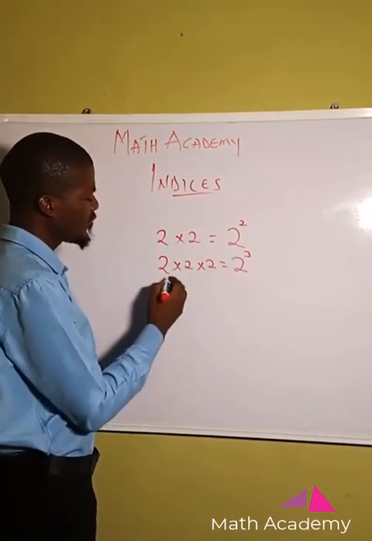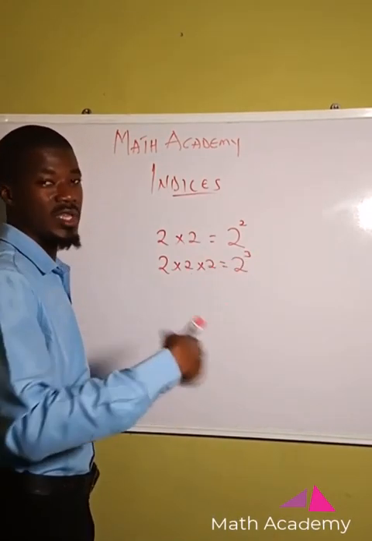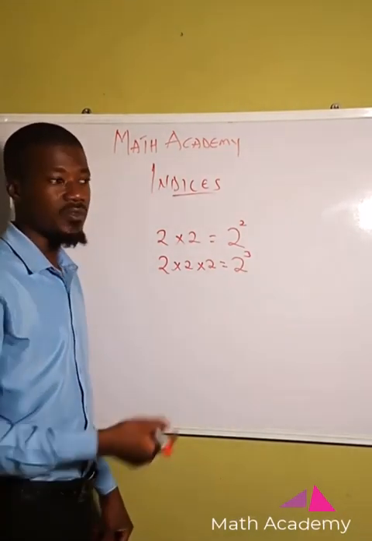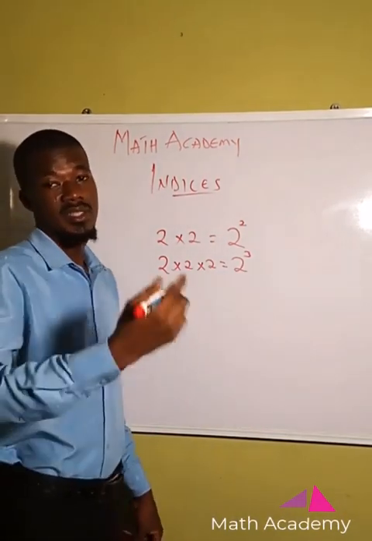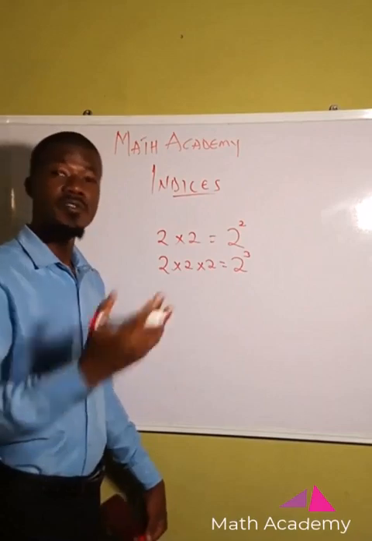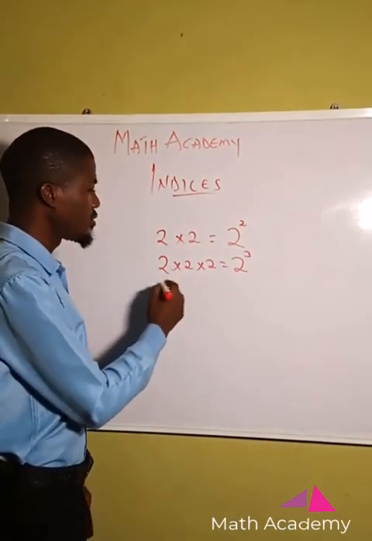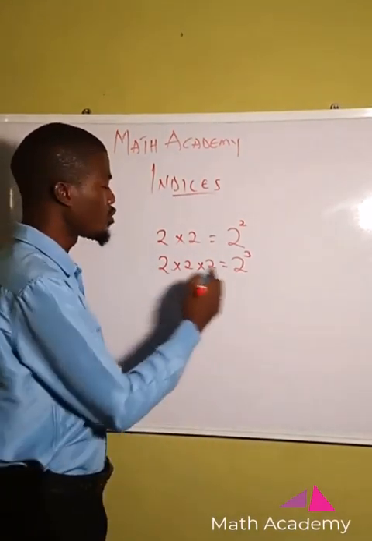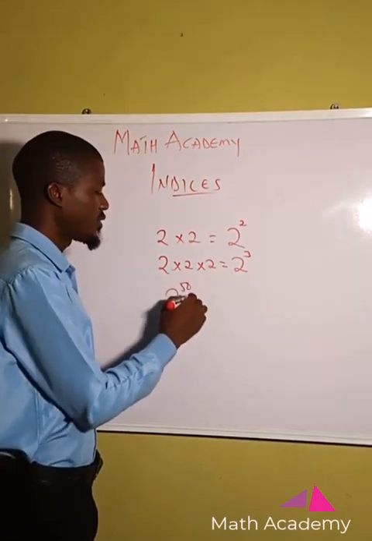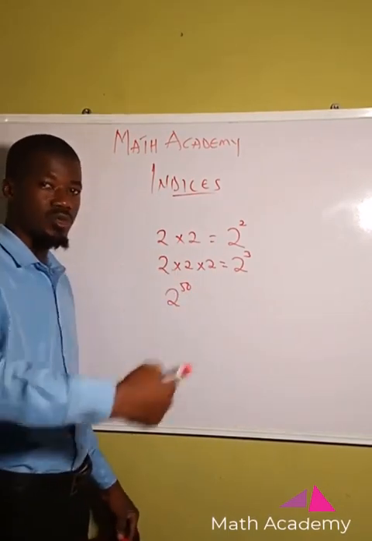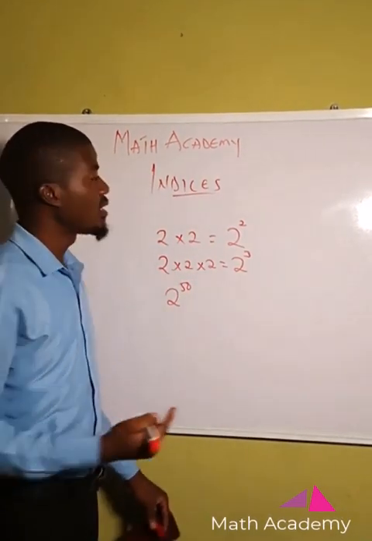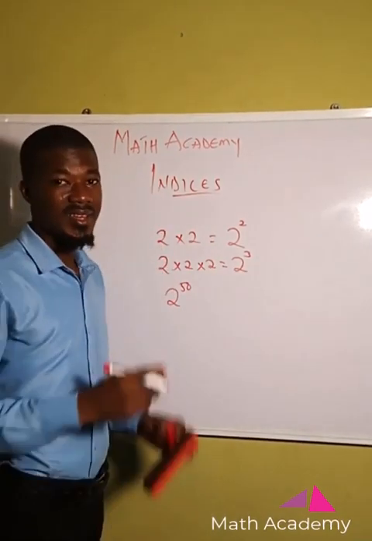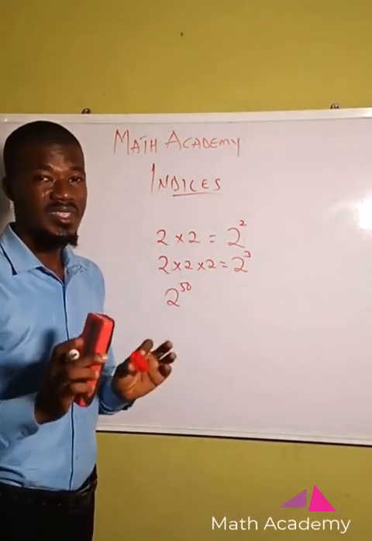Imagine if you have 2 times 2 times 2 in 50 places: to reduce space and time, all you need to do is say 2 raised to power 50. This means you're repeating 2 in 50 places. This is what index, indices or exponents mean.